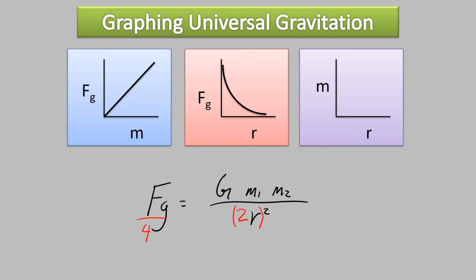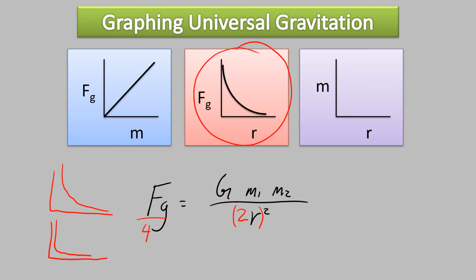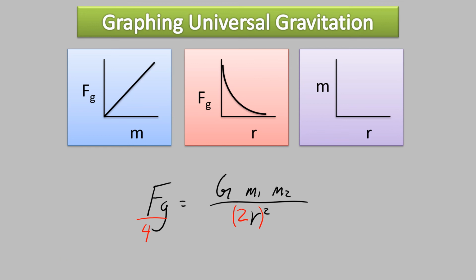So not only is it an inverse, inverse really kind of looks like this. An inverse square is just more pronounced. That's really exaggerated, but you're never going to have to pick out the difference between the two. Like this, to me, looks more like an inverse relationship instead of inverse square. But that is totally fine.